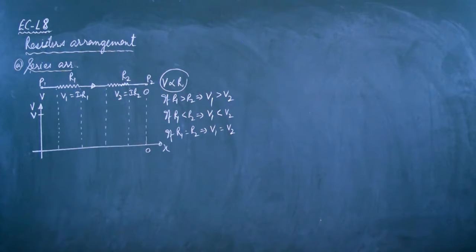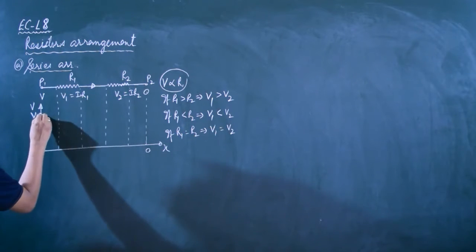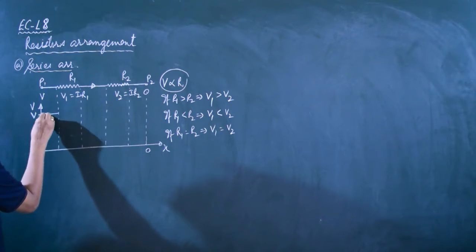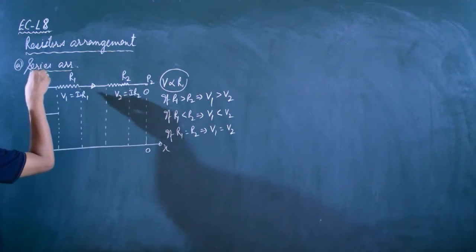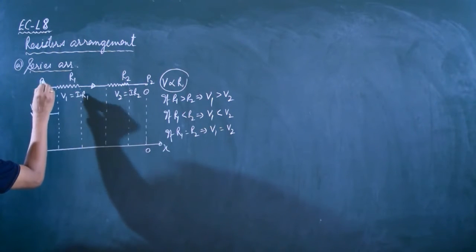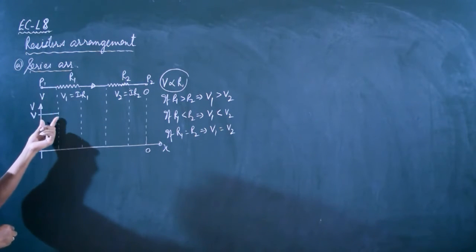See, up to this end potential is constant, because this one is a pure conductor compared to this resistor. Here resistance is negligible, and if resistance is negligible, then potential difference between these 2 points is negligible.